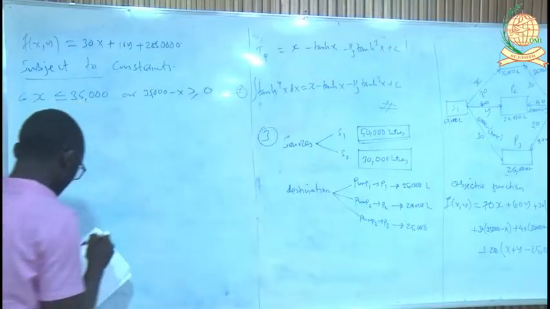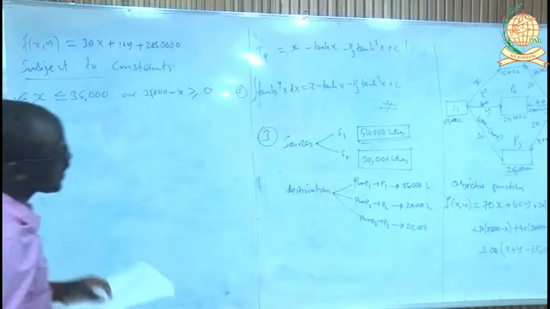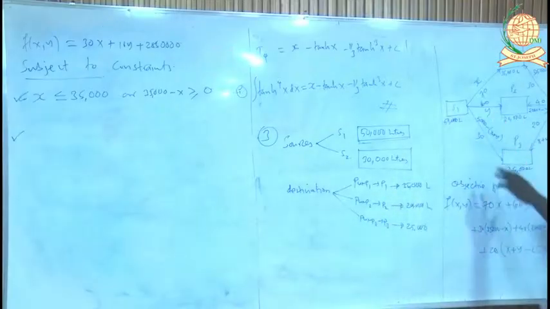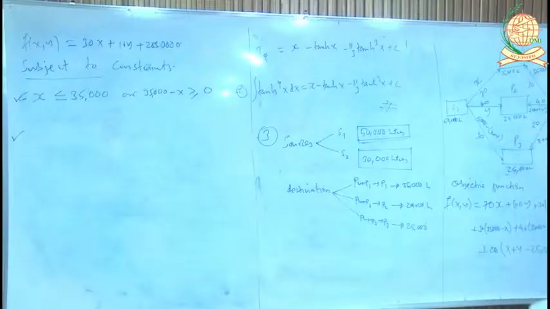And for P2, you can see from S1 we took the y variable. Again, this y variable should never ever exceed 20,000 liters. This is the maximum capacity, the requirement for this pump here.